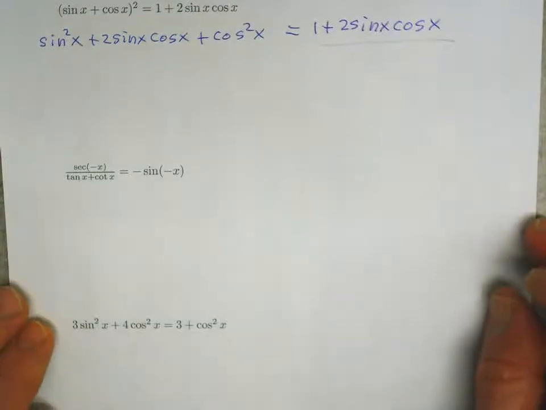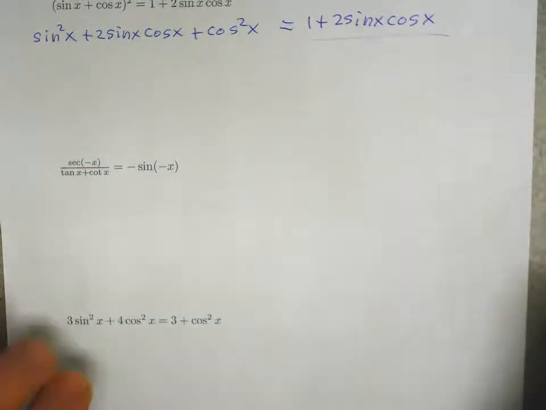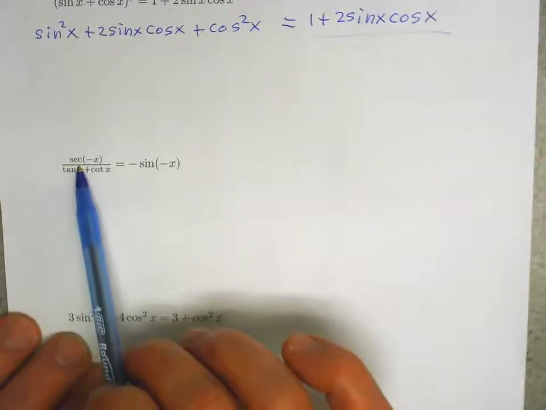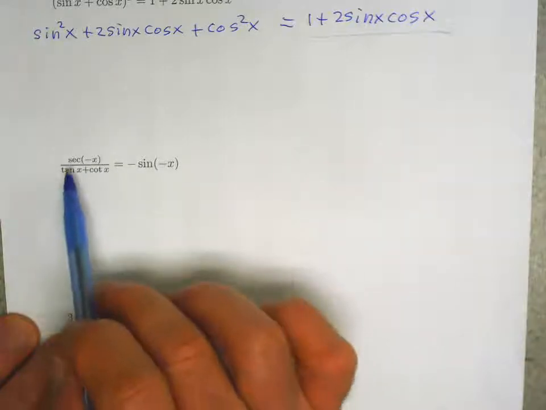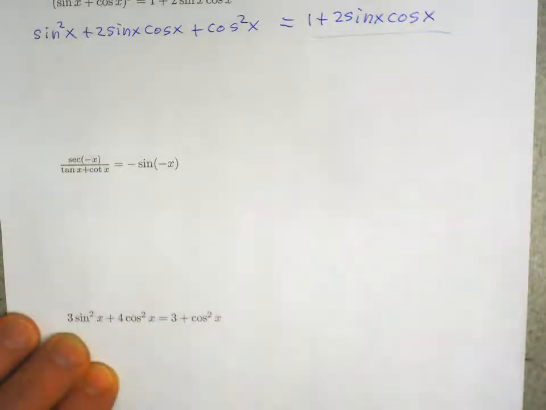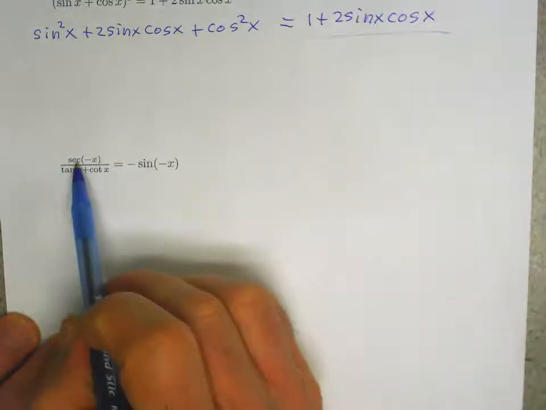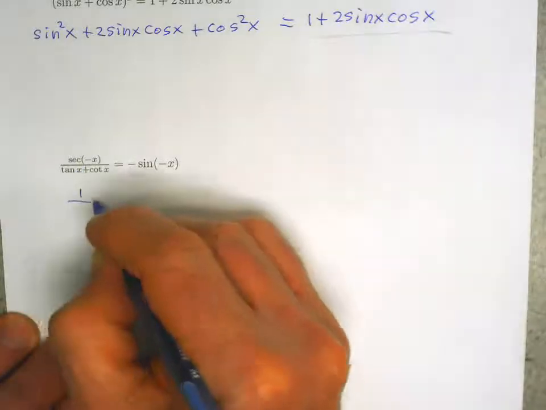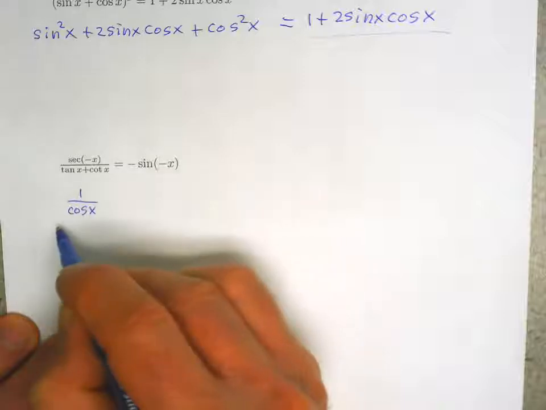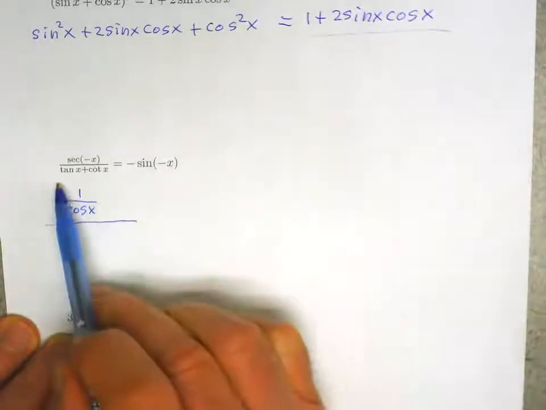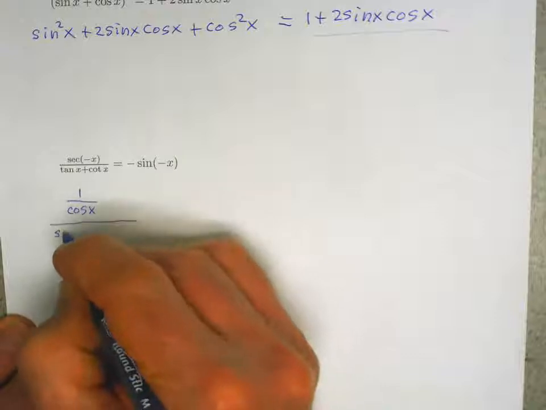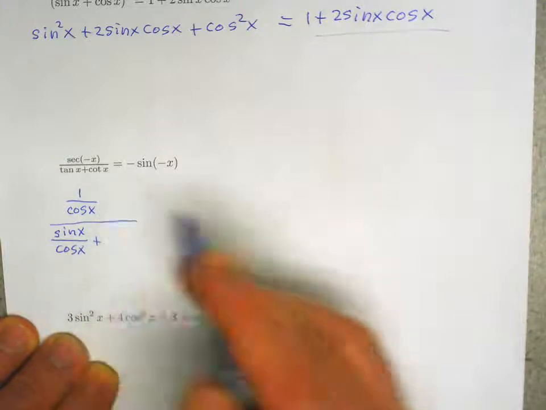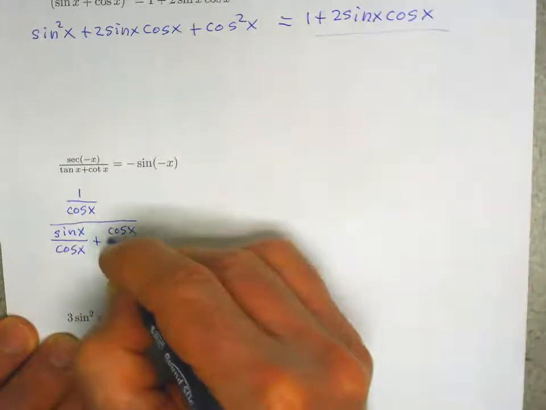Okay, the next one. So we have secant of negative x. Secant is even, so secant of negative x is equal to secant of x. But I'm going to rewrite secant of x as 1 over cosine of x. And then in the denominator, tangent of x, I'll write that as sine of x over cosine of x. And cotangent, I'll write that as cosine of x over sine of x.